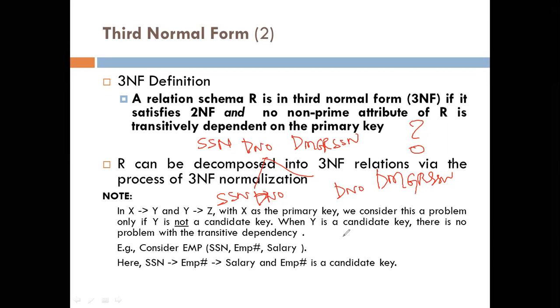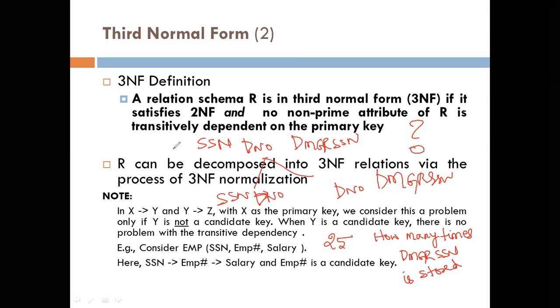Let us assume there are 25 employees in a particular department. If there are 25 employees, how many times is the department MGR SSN stored?